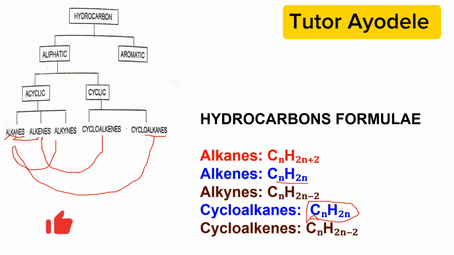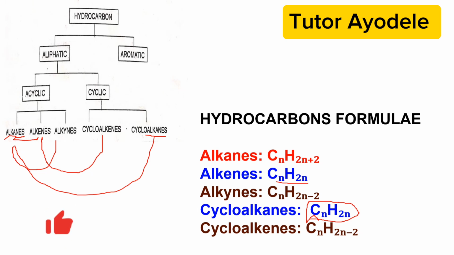A, cycloalkanes; B, cycloalkenes; C, alkyne; D, alkenes. This can come out irrespective of your level, as far as you are offering organic chemistry or hydrocarbons precisely, especially in objective questions.